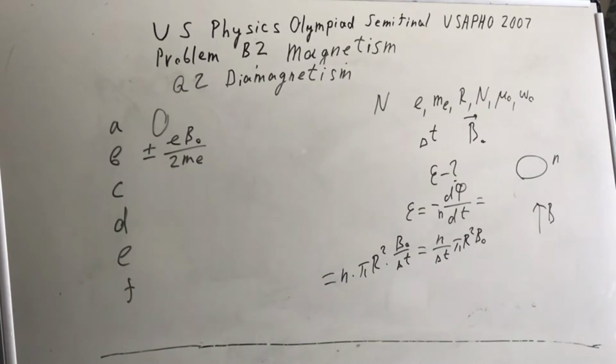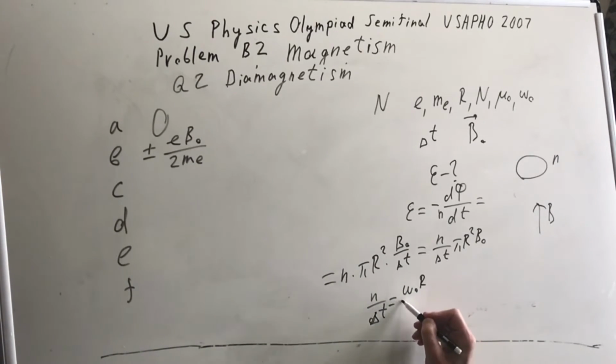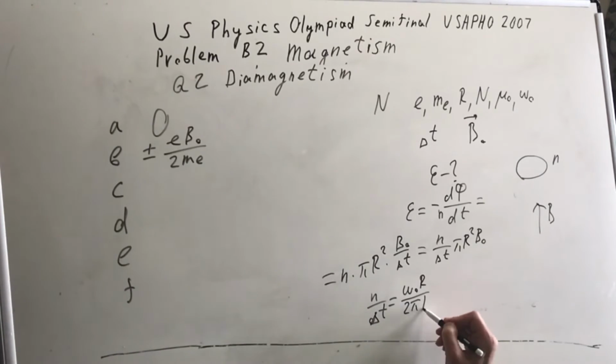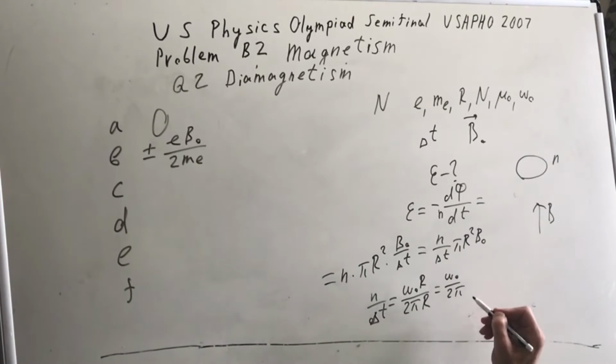And what is n over delta t? That's the number of turns per second. It's just equal to omega 0 r over 2 pi r, the speed of the electron over the distance, which is equal to omega 0 over 2 pi.